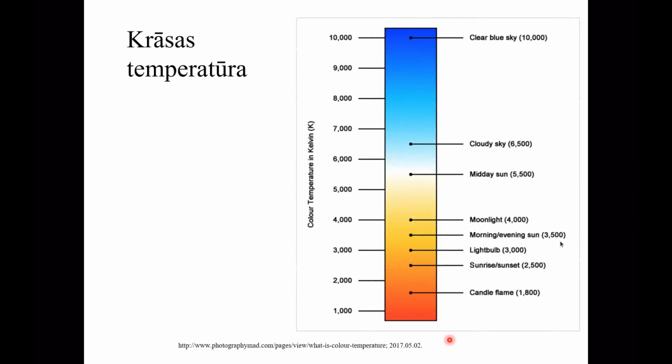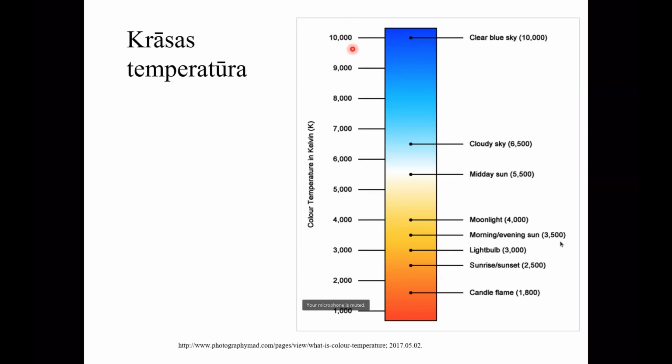For instance, this is a diagram that characterizes the colors and the temperature in Kelvin degrees. Have a look here. At the red one, we have approximately 1000 Kelvin, and somewhere here at the very blue, this color corresponds to 10,000 Kelvin.